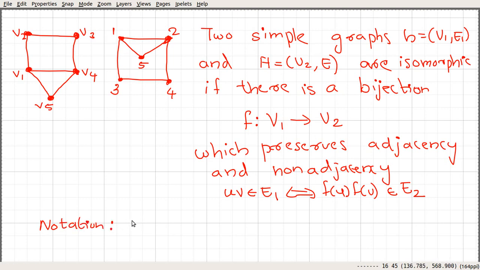When two graphs G and H are isomorphic, that is represented by this symbol. So this means G is isomorphic to H. Okay, so this is the definition of graph isomorphism.